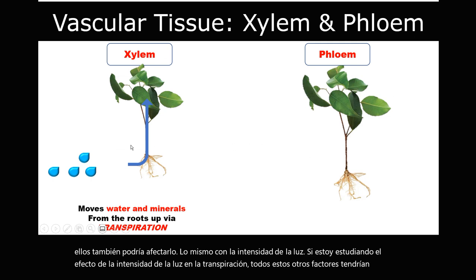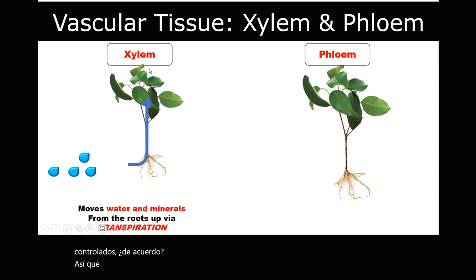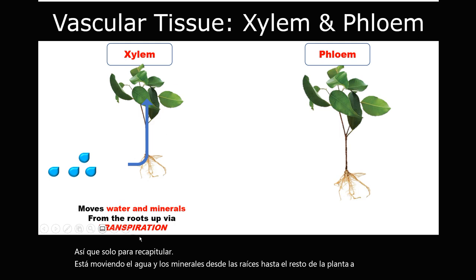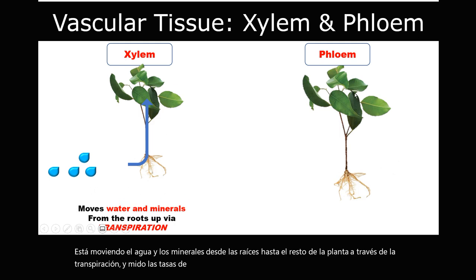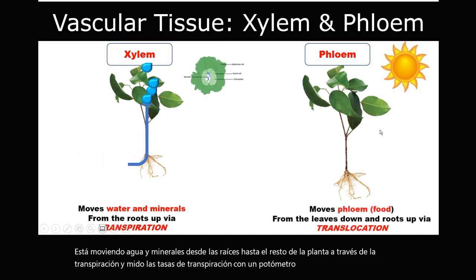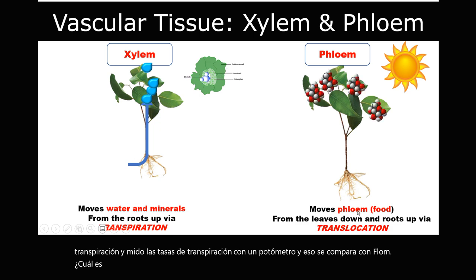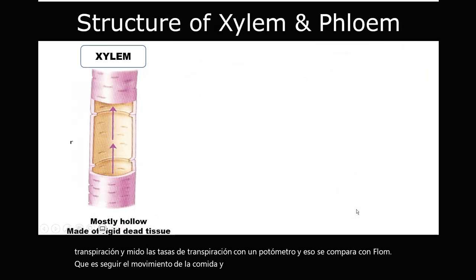Okay, so just to recap, xylem is moving water and minerals from the roots up to the rest of the plant via transpiration, and I measure the rates of transpiration with a potometer. And so that's compared to phloem, which is following the movement of the food, and that is called translocation.